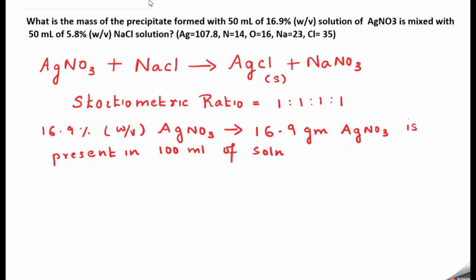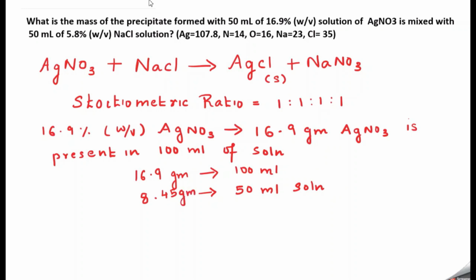So from our understanding, 16.9 gram is present in 100 ml of solution. So tell me, in 50 ml how much will be present? How to convert 100 to 50? Divide by 2. So this will become 50 ml solution. Dividing by 2 on LHS and RHS, this will become 8.45. Correct? 8.45 gram is present in 50 ml.